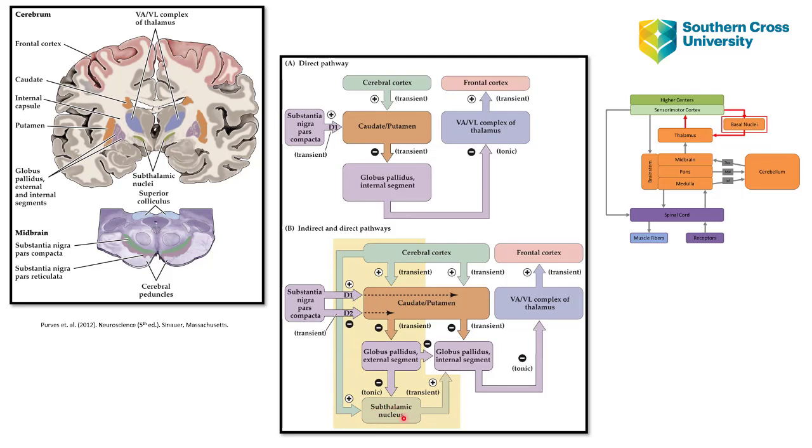So the subthalamic nucleus drives onto the globus pallidus internus segment, which we just said will inhibit the thalamus. If we're exciting that inhibitor, it drives this inhibition. If we drive the inhibition onto the thalamus, there's less excitation. So we get a reduction in the excitation onto the motor cortex.